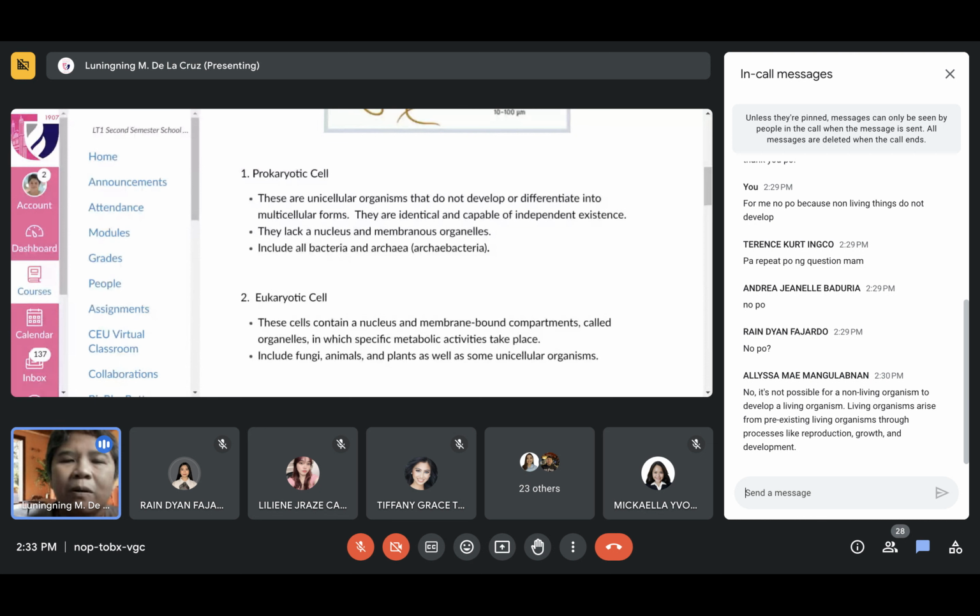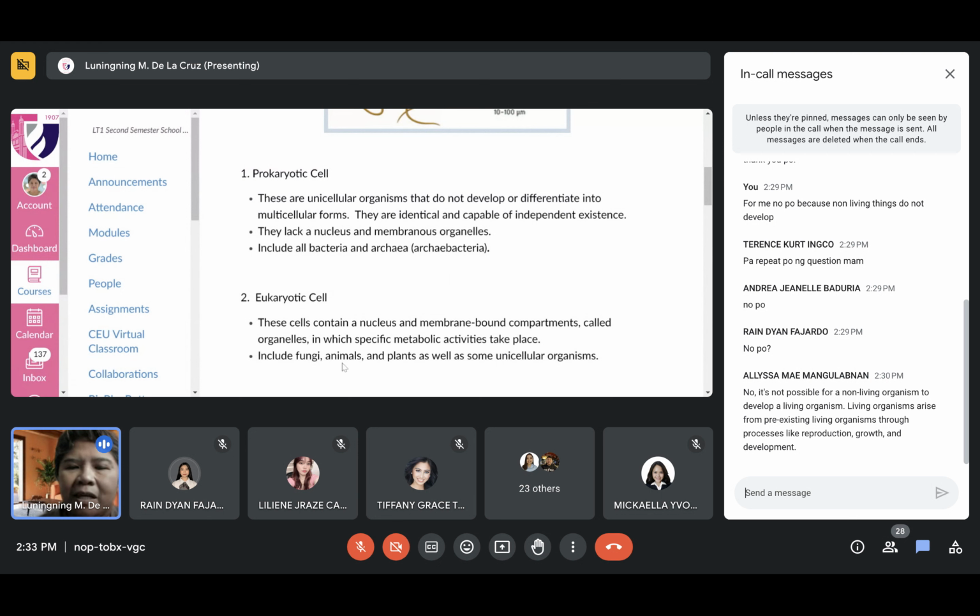This includes bacteria and archaea or the archaebacteria. Eukaryotic cells, on the other hand, are made up of a nucleus and membrane-bound compartments called organelles, which have specific metabolic activities.